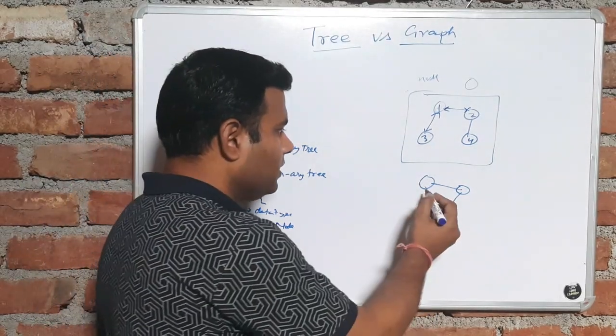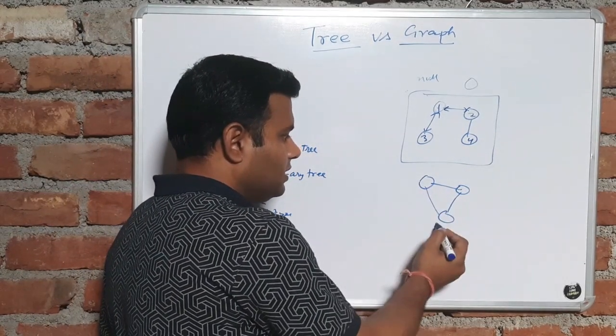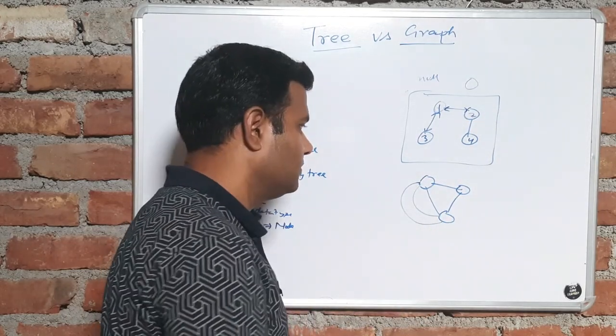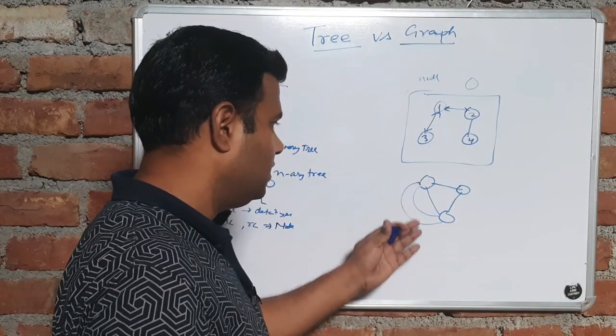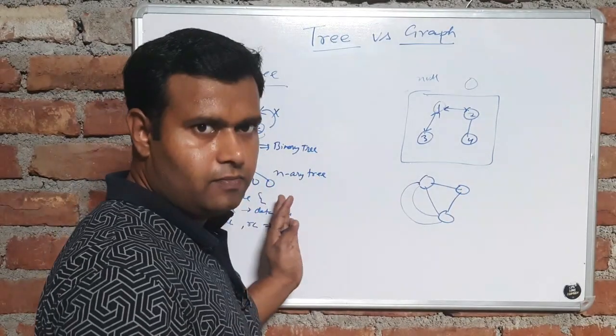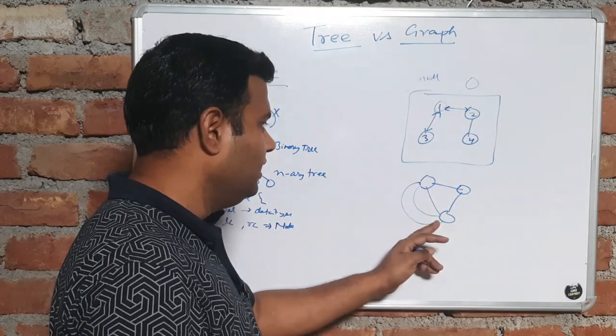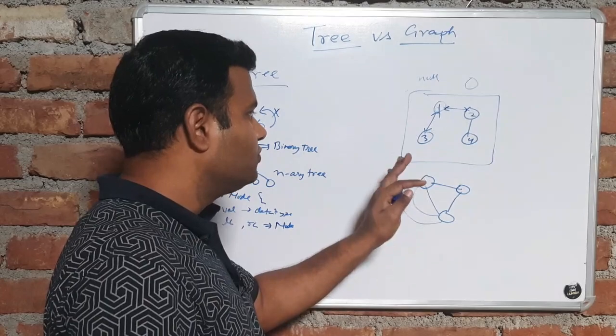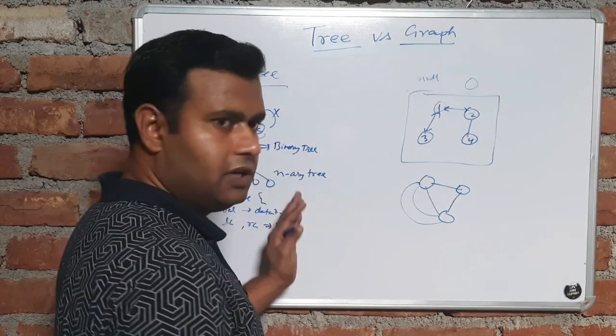So for example, this node is connected through this edge, again then this edge, again this edge, right? There can be 3 edges, whereas in a tree this is not allowed because it is forming a cycle, and as it forms a cycle, it moves out from the definition of a tree.